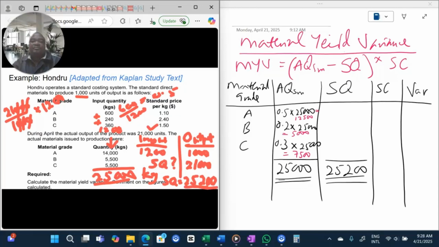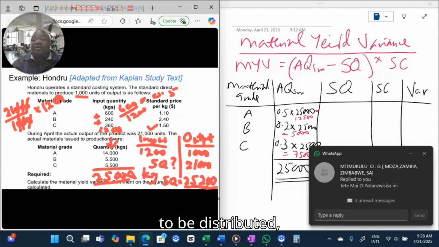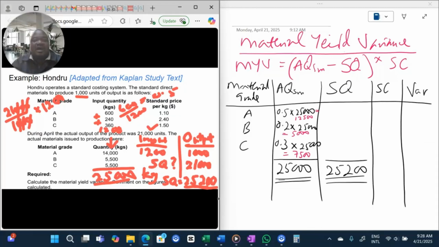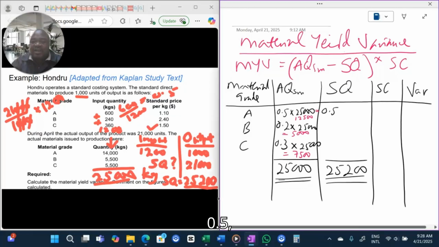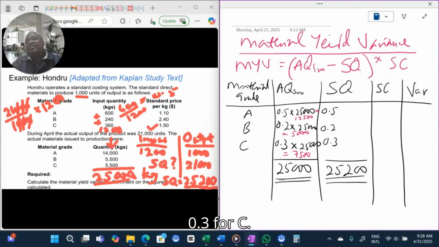So 25,200 has to be distributed, allocated to the standard quantity following the standard mix of 0.5, 0.2 for B, and 0.3 for C.